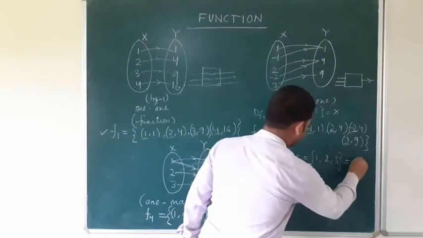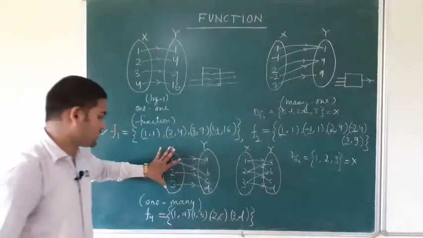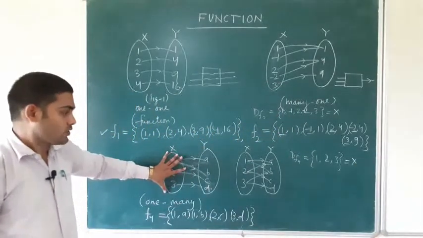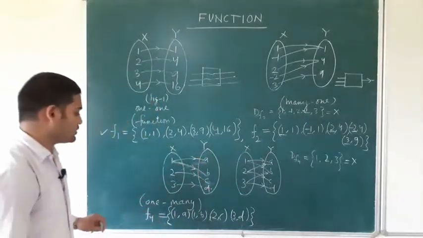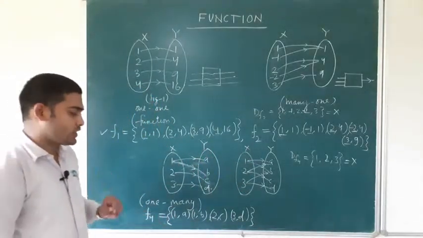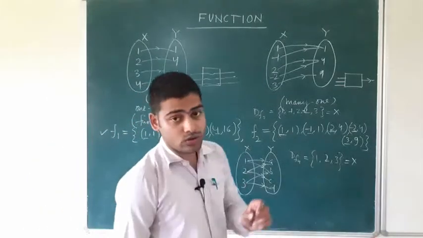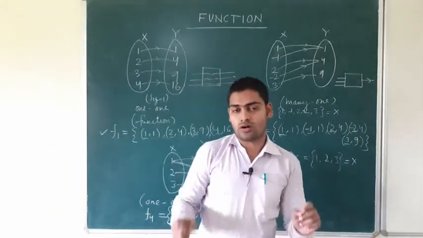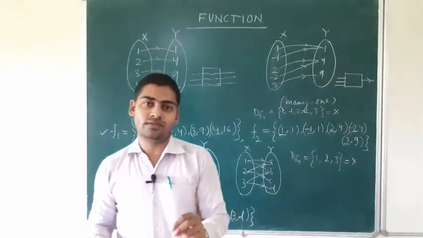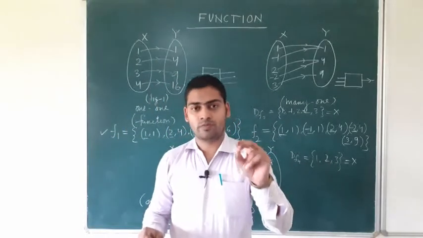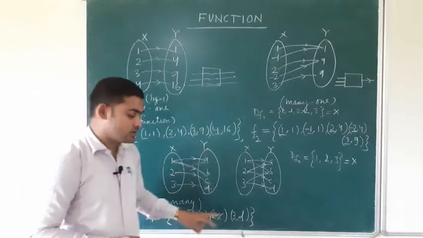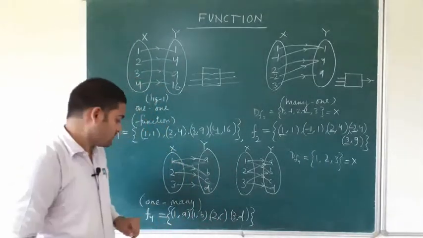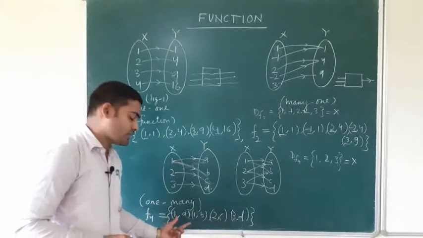So this is equal to X, the first set. Okay, so first condition satisfied. Now we see second condition. Second condition is what? No two distinct ordered pairs have the first coordinate same.